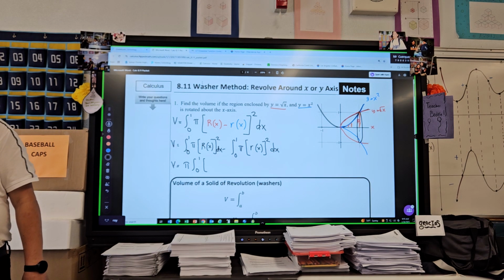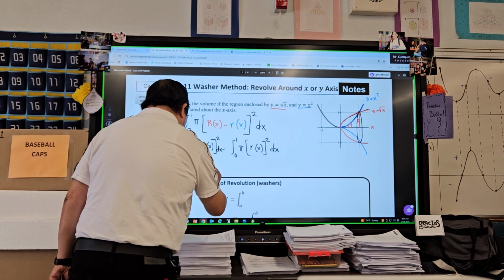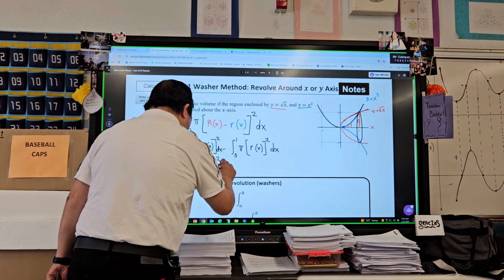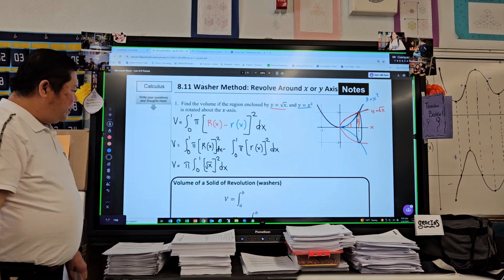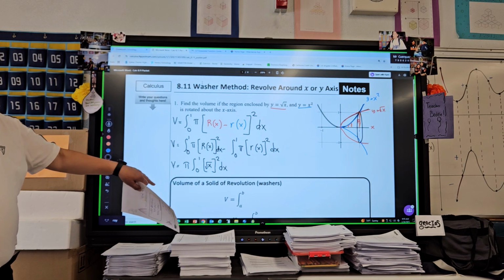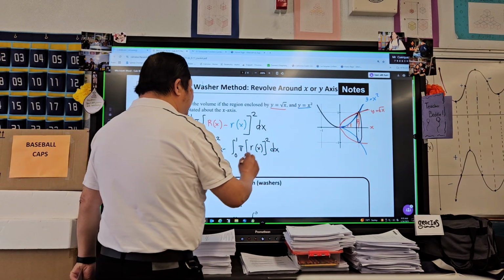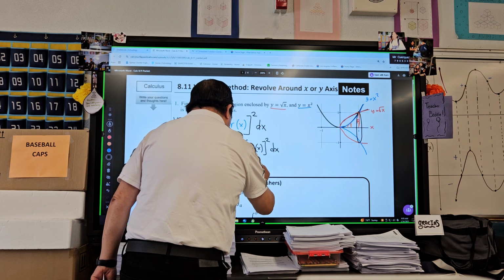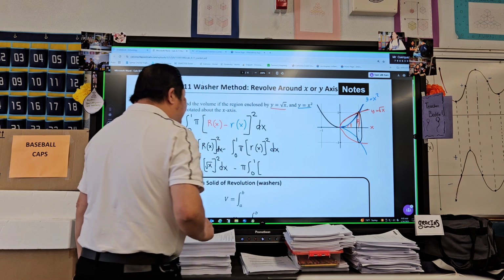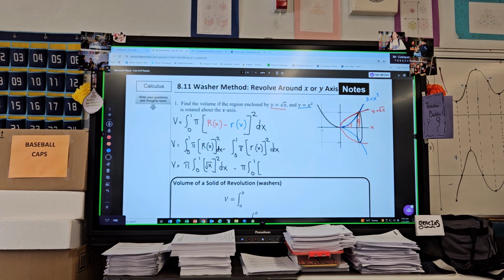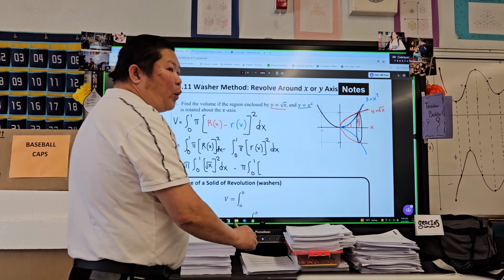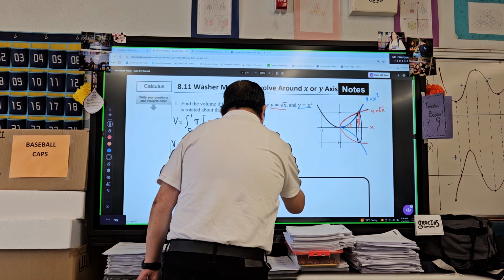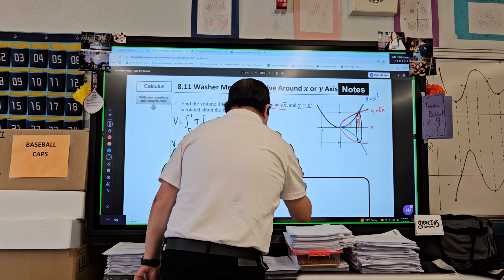You get me, guys? So we have square root of x, and then square, and then dx. Is this clear so far? And then minus the blue color, pi, the integral from 0 to 1, and what is the blue color? x squared, and then square. So we have x squared, and then square dx.